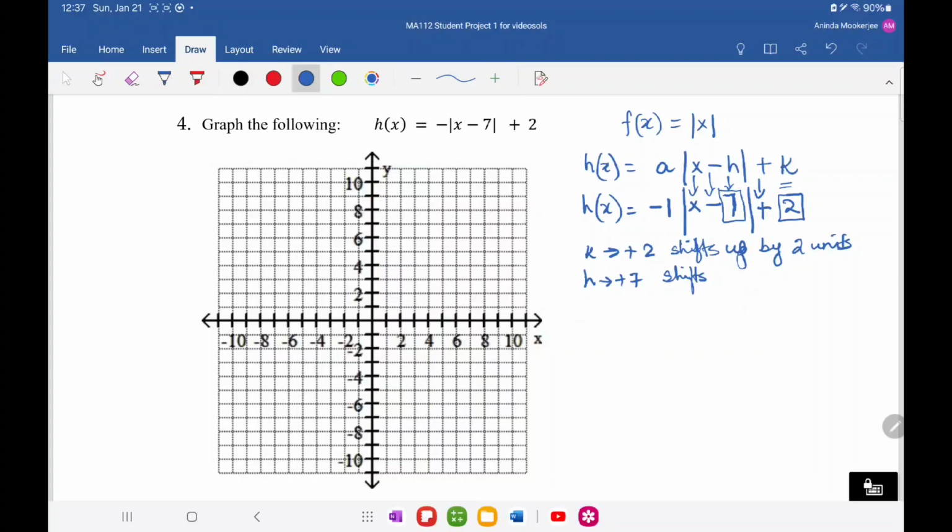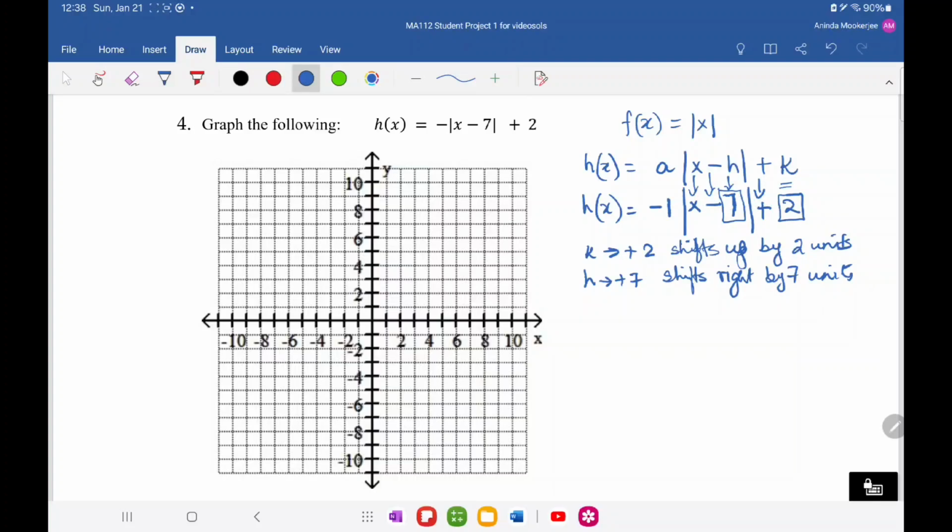If you write it down and it's correct, how you've interpreted the shifting or the transformation from the function, then you will get partial credit. All right, so shifts right by 7 units.